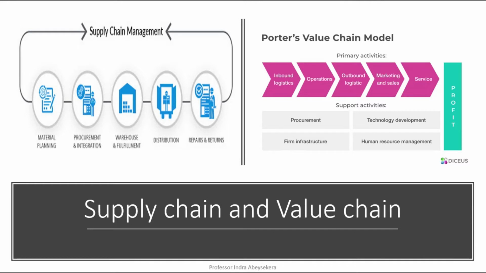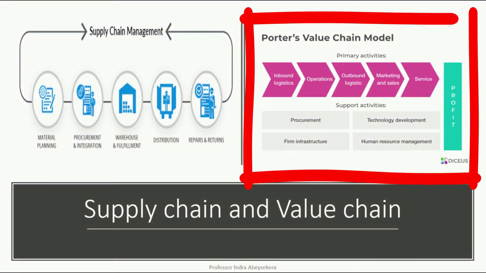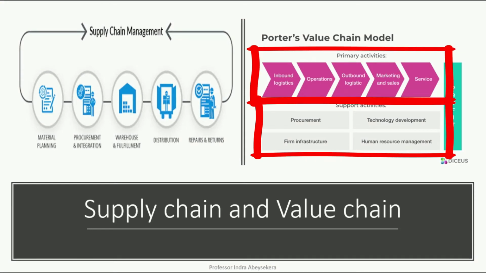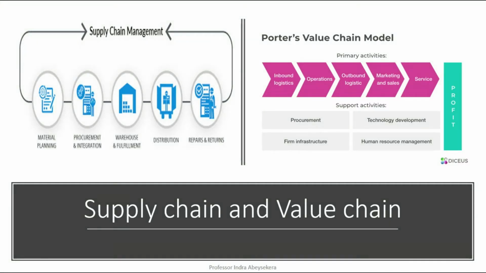Porter's value chain is a model to analyze the supply chain. In that, Porter identifies primary activities and support activities in the supply chain. So there are 5 components of primary activities.